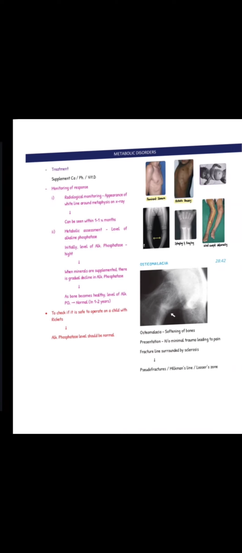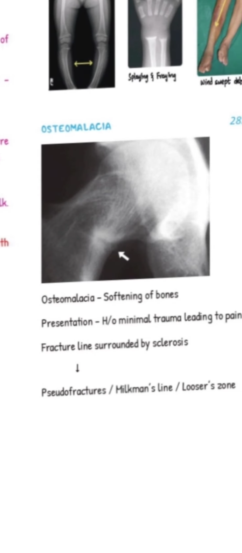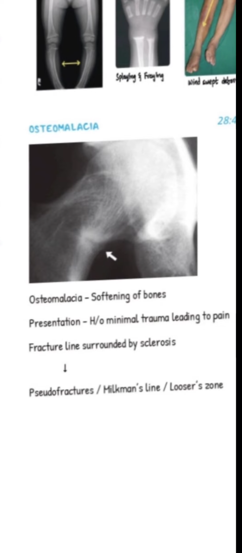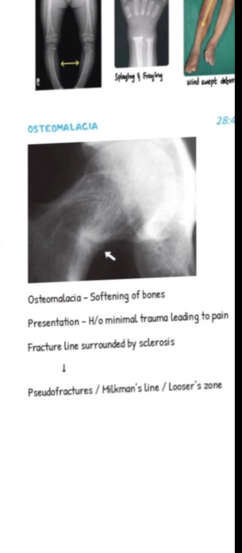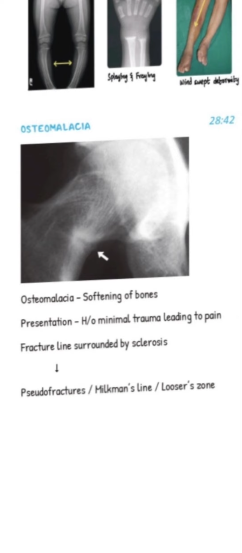What is osteomalacia? Osteomalacia is softening of bone, presenting with a history of minimal trauma leading to pain, fracture line surrounded by sclerosis, pseudofracture, Milkman line, and Looser zone.